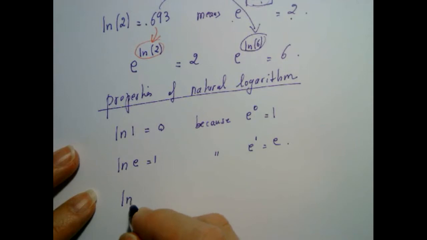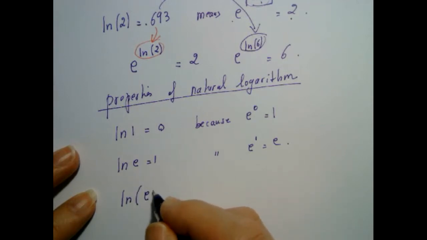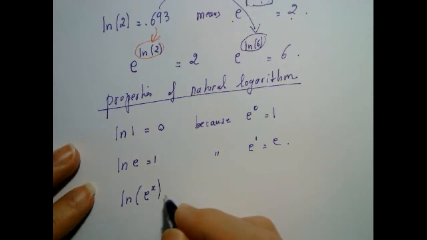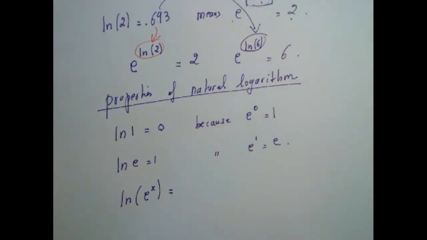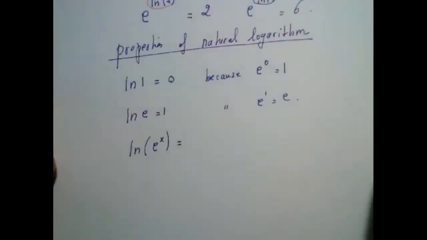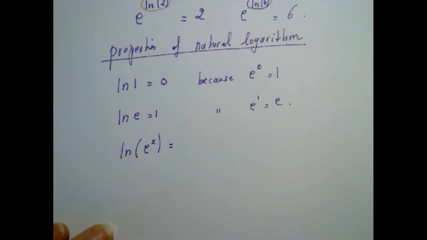Now, what about ln of e to the x? This should give me what? Now I stop. I want an answer. Okay, I'm getting one answer. x is correct.